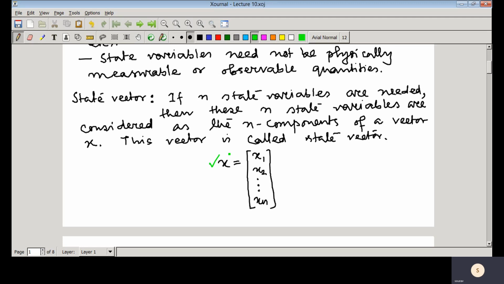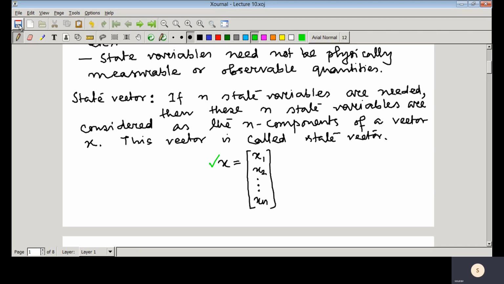Now what is state space? So from here it is clear that, suppose you have n number of state variables. So now the n-dimensional state space whose coordinate axes are x1 axis, x2 axis, xn axis, like that.